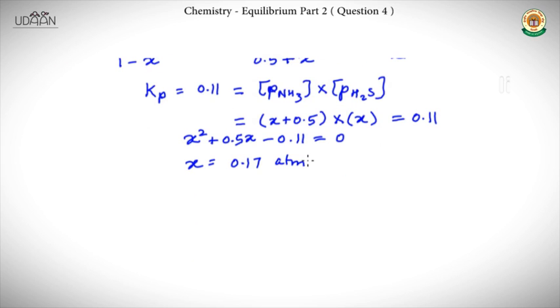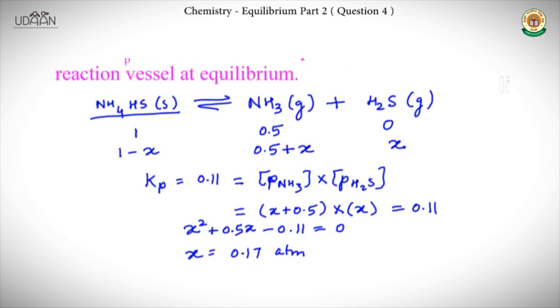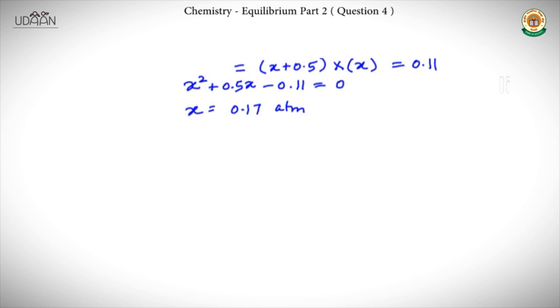Now I need to find out the total pressure at equilibrium, which will be the sum of the partial pressures of the two gaseous components, which is ammonia and H2S. So I know that the pressure of ammonia at equilibrium is x plus 0.5, which is 0.17 plus 0.5, which is 0.67 atm.